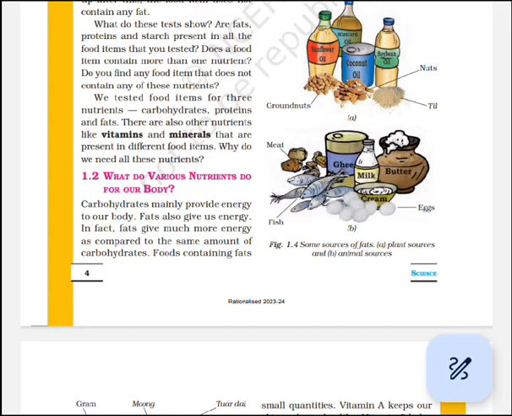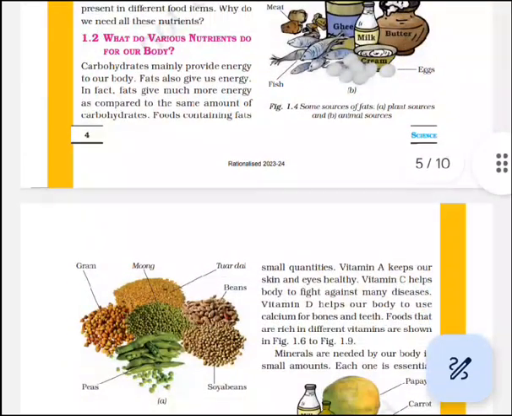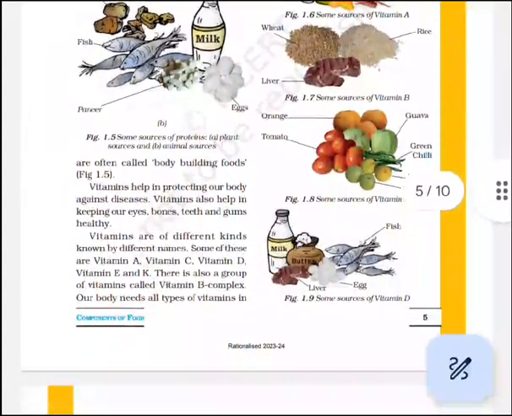Foods containing fats and carbohydrates are also called energy giving foods. Figure 1.3 and Figure 1.4. Proteins are needed for the growth and repair of our body. Foods rich in proteins are often called bodybuilding foods.